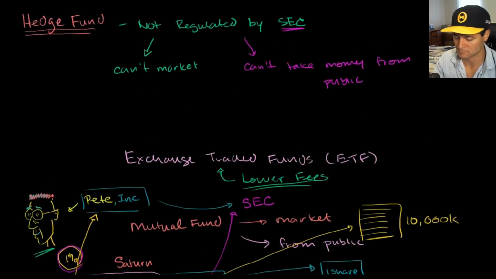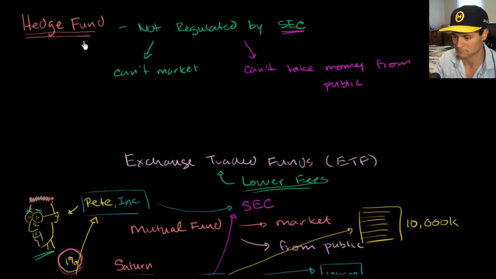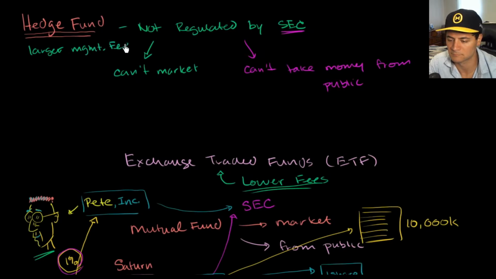In a hedge fund, usually the implication is that a hedge fund will be more actively managed. They'll get a larger management fee. Instead of the 1%, and 1% is actually a lot for a mutual fund, hedge funds tend to be 1 to 2% management fee, and sometimes even larger than that.